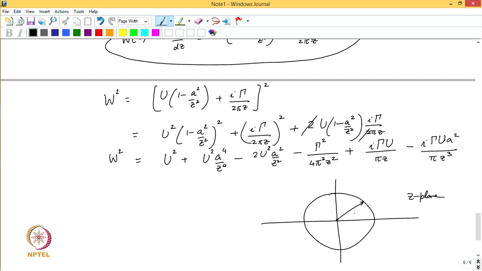The radius is a, and this is the contour C. Basically, the surface of the cylinder is the contour. Now, it contains the point z equal to 0, which is the origin. Z equal to 0 is also a point of singularity for this function w square.